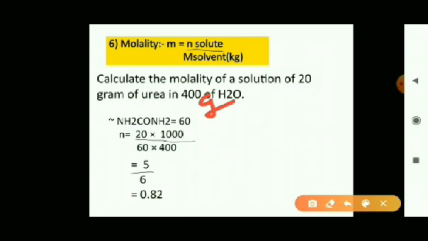Now, as you know, to find the molality, n means moles of solute divided by mass of solvent in kg.